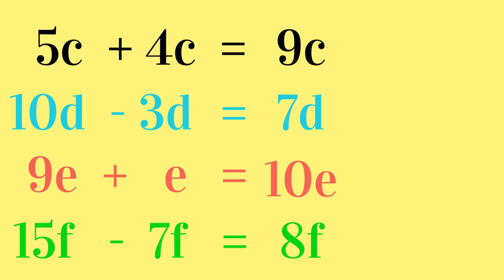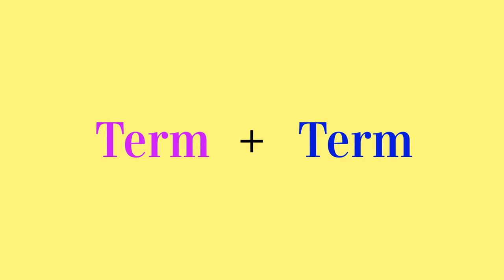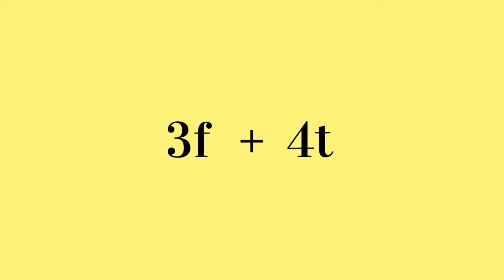If you have an expression where the terms are not like terms, then these cannot be simplified by adding them together. For example, if you had 3f add 4t, this expression cannot be simplified.